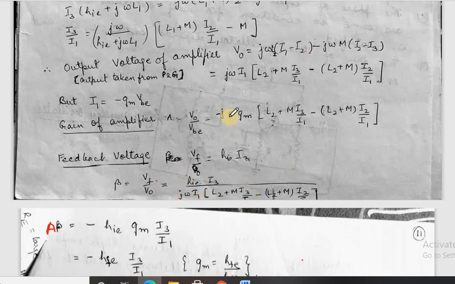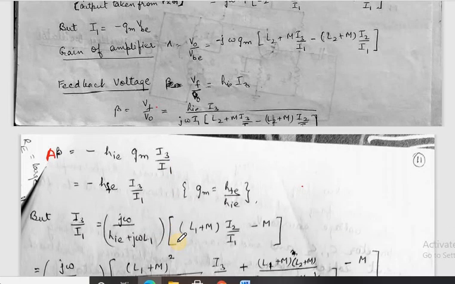Now we have A and we have beta. So for Barkhausen criteria we multiply both the equations. On multiplication, most terms cancel out and we have only these small terms, minus HIE GM I3 upon I1. Now by the knowledge of GM, we know GM is always equal to HFE upon HIE.